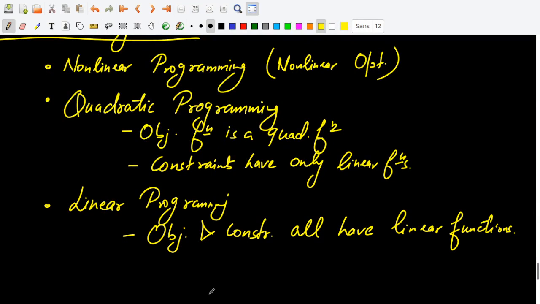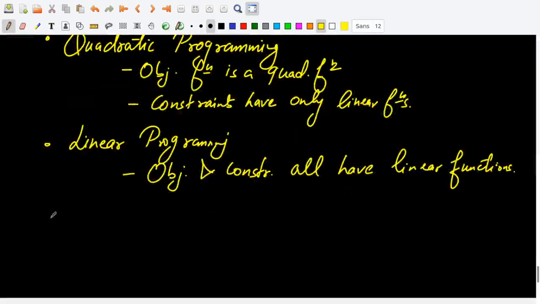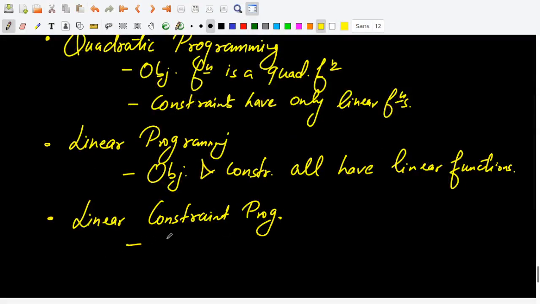So that means I can't take sine x or log x or x square and so on and so forth, or x1 times x2, etc. Related to linear programming is this class of problems called linear constraint programming. And in this case, the constraints are linear, but the objective function could possibly be nonlinear.